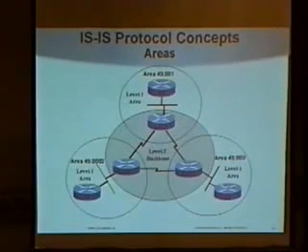So here we have the areas. These are three distinct areas, right? And when we go to talk about IS-IS or CLNS addressing, you would come to understand why I'm going to say this. But the point is that every node can be in only one area, right?